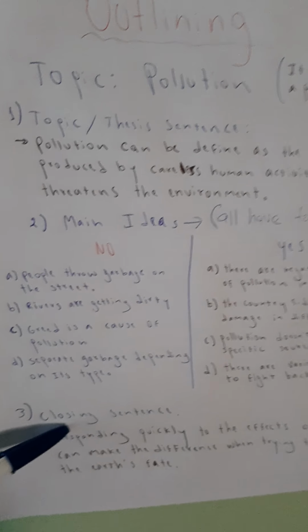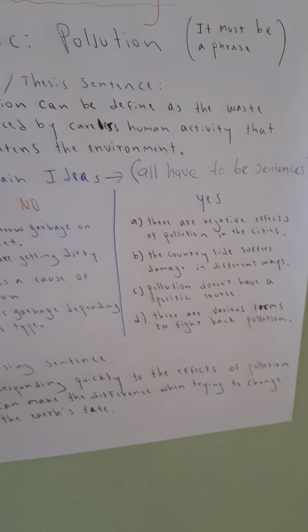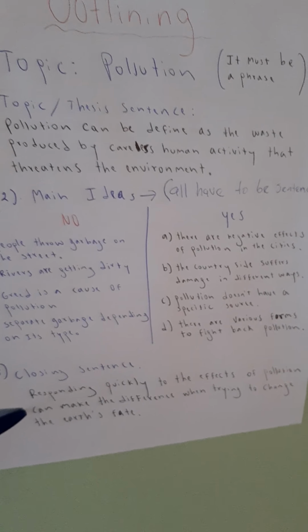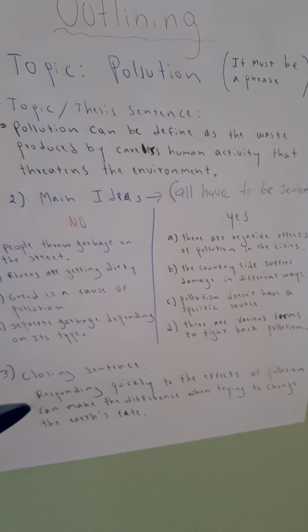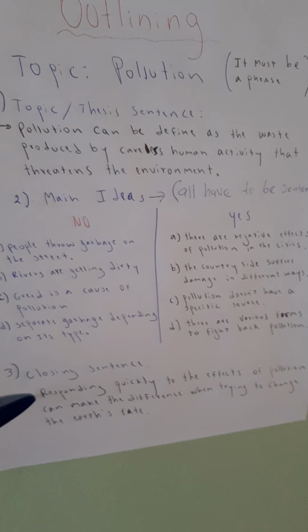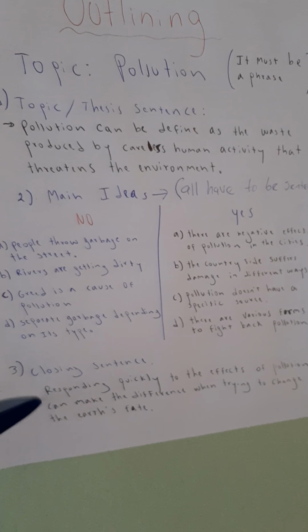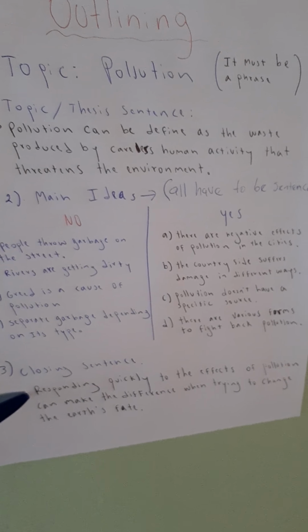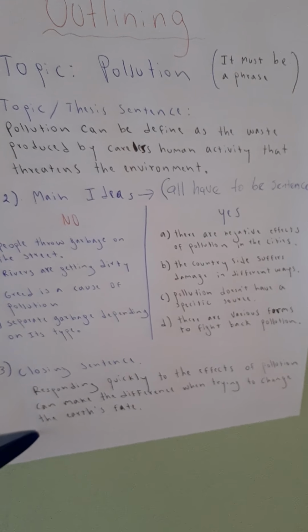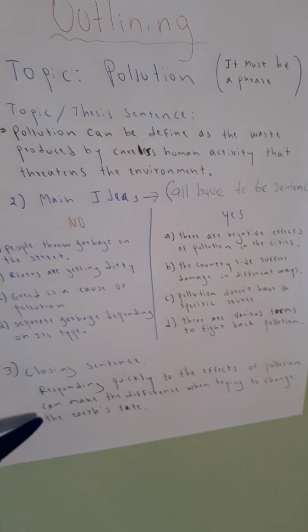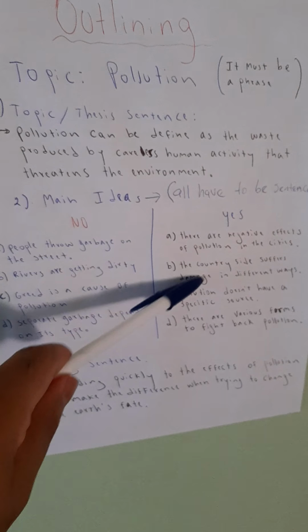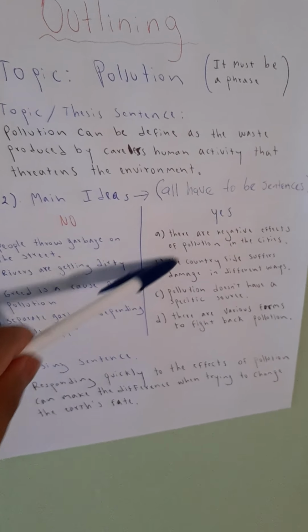Then the last thing is the closing sentence. The closing sentence has to be of two styles. It can be a conclusion for your topic or a summary for your topic. In this case, I have made one that is a conclusion, because it mentions something that has to do with the effects of pollution.